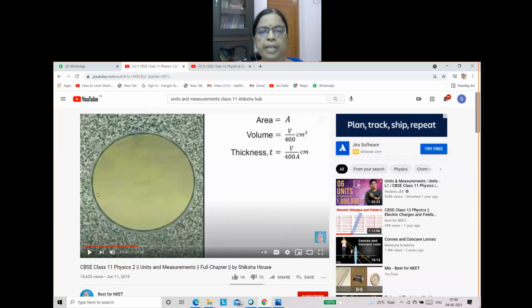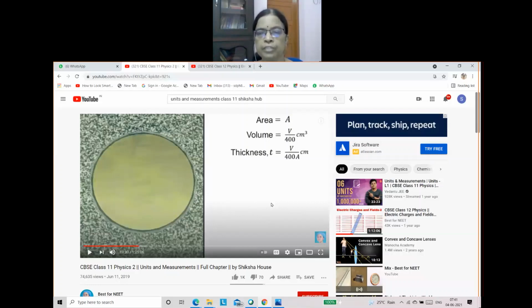Correct answer. That means you first put a tracing paper over it, and you get this particular circular shape. Then you keep it on a graph paper and count how many squares we get in that area. For example, 15 squares, so we can write 15 centimeter square.